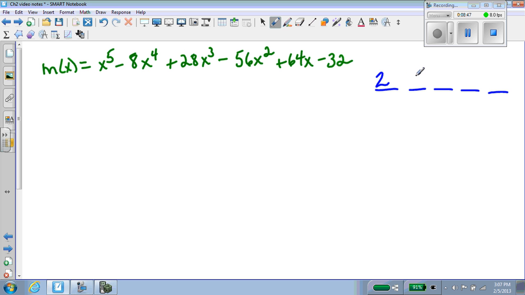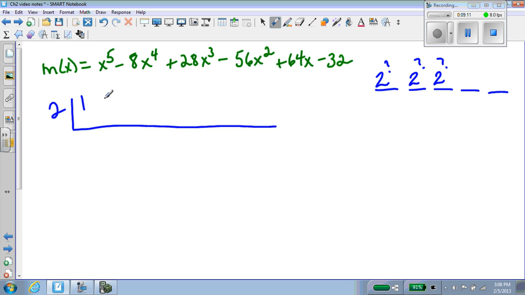And since it was a cubic look coming through there, I'm going to try and see if it's 3 of my zeros. Now I'm not sure about this yet, so I'm going to put little question marks here. But given how even all of those coefficients are, I'm feeling pretty good about 2.